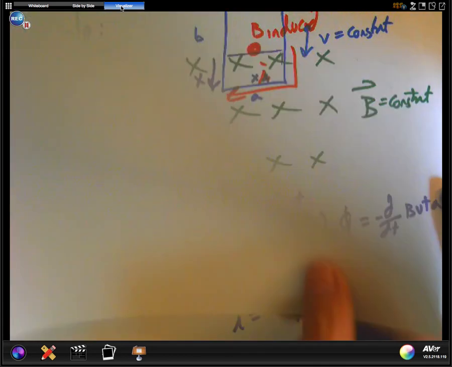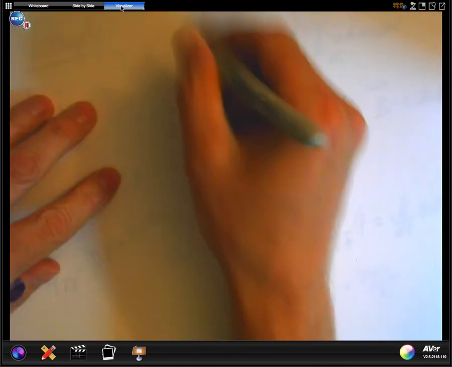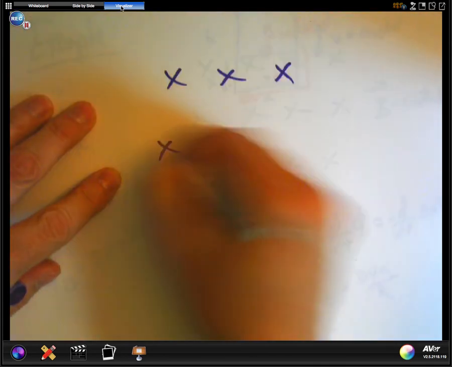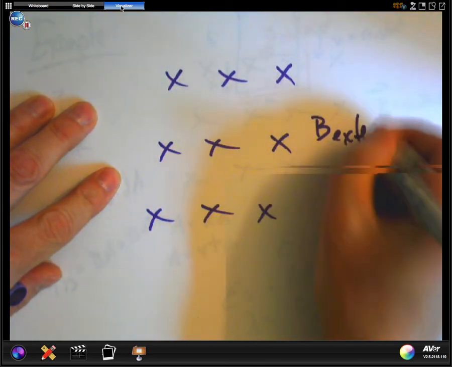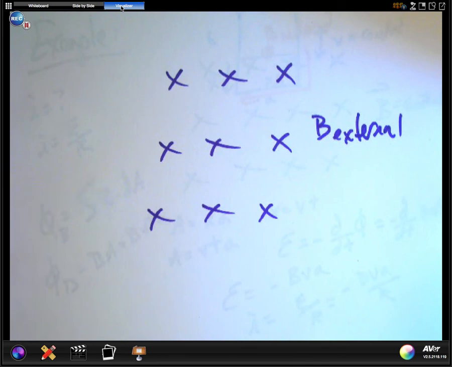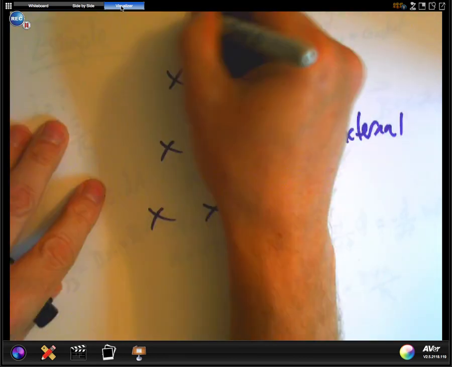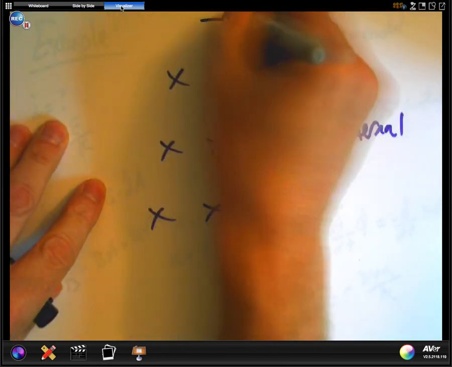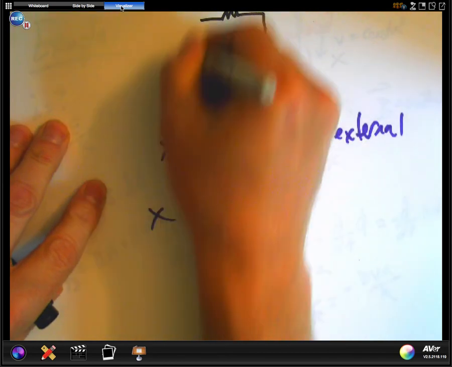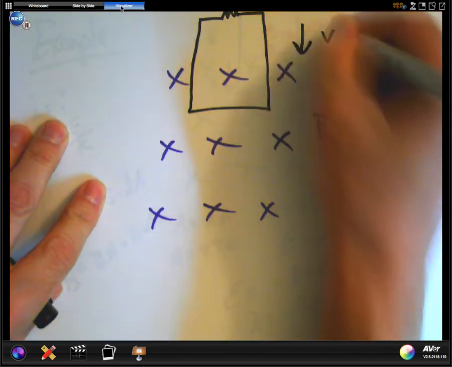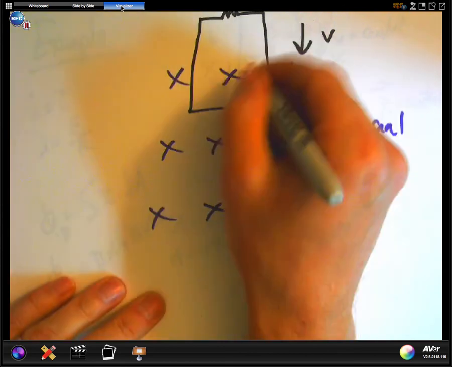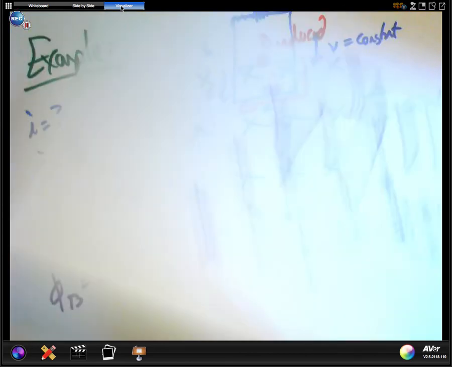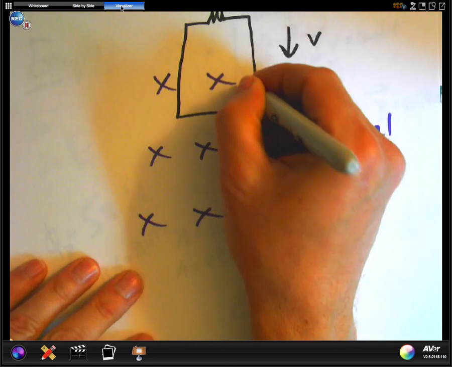And so if I wanted to kind of put a topper on this, let me redraw my picture here. We'll call this the V external. We'll put my loop here, like this. We'll say it has some velocity in that direction. What we know is that we're going to end up with a current that's going to flow clockwise here.